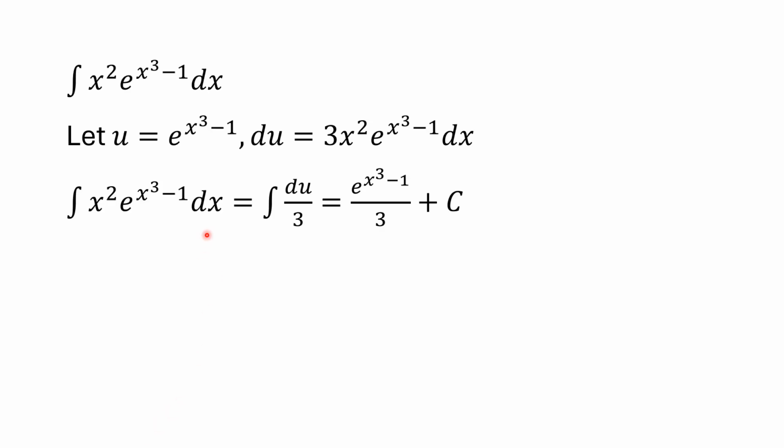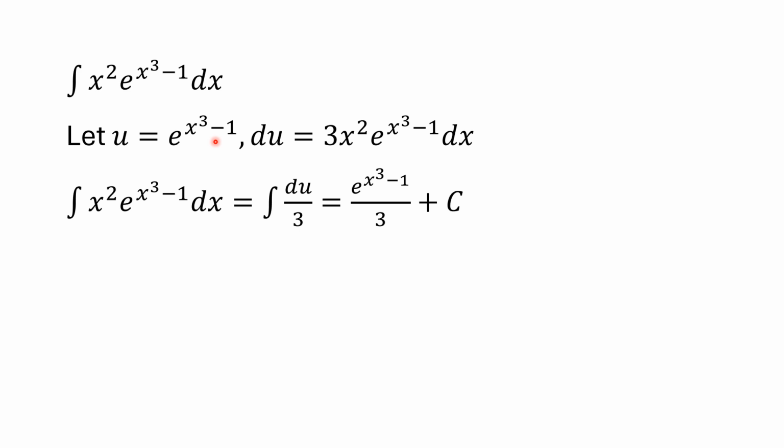Well, if we let x cubed minus 1 be u, it would work. Or if we let e to the x cubed minus 1 be u, it would work. So here we have a choice, and to be honest with you, it really is a preference.